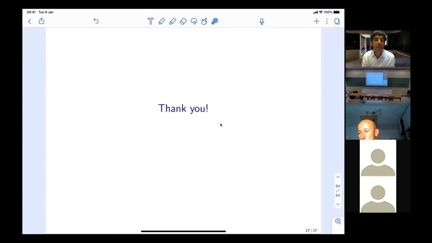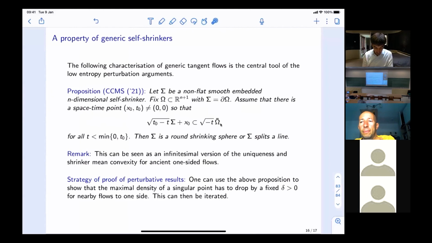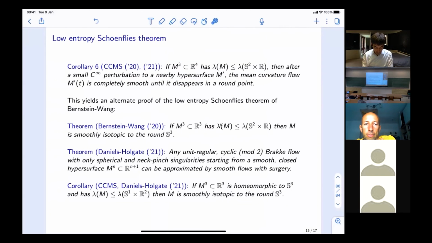Another question: you were mentioning that once you have enough control, then you would be looking for topological applications. So these were the ones you discussed on the last slides? Exactly. For example, this last slide, you see, now you get this information out of this weak solution, then you can approximate by surgery.